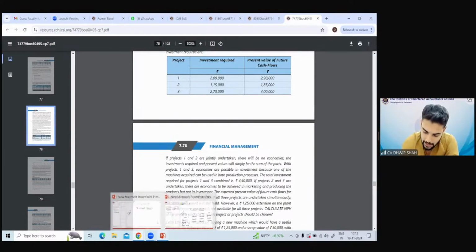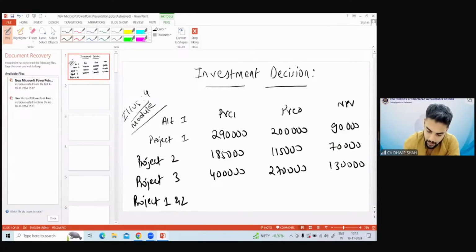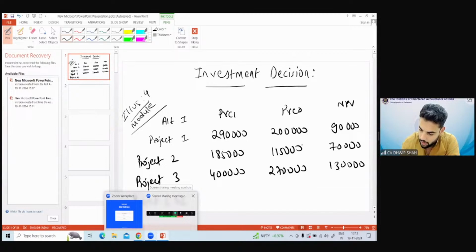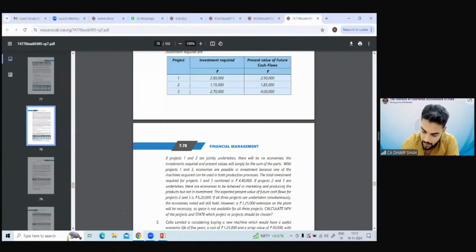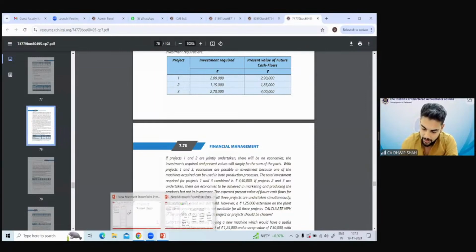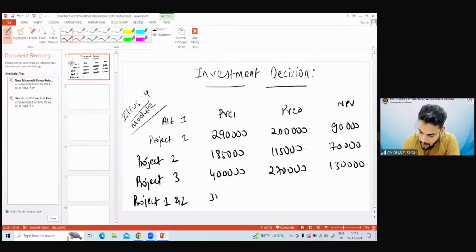So my investment amount here would be 2 lakh plus 115. Are you getting this? 2 lakh plus 115, 315. My investment amount would be just the sum of both the projects.